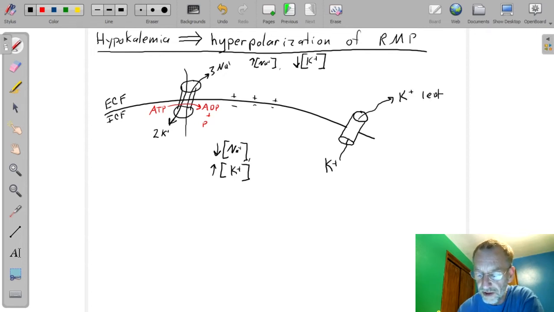And remember what that is normally doing to the RMP. It's making the membrane more negative. The more leakage, the more negative.